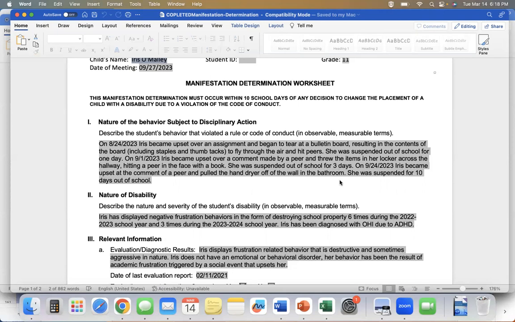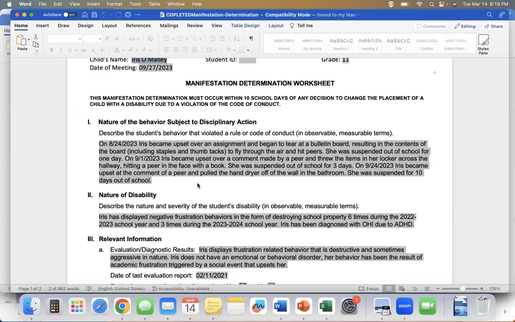And then on September 24th, she became upset at the comment of a peer and pulled a hand dryer off the wall in the bathroom. She was suspended for 10 days out of school for this. So we are now past 10 days total. In this case, we don't know if the superintendent has requested an expulsion hearing.